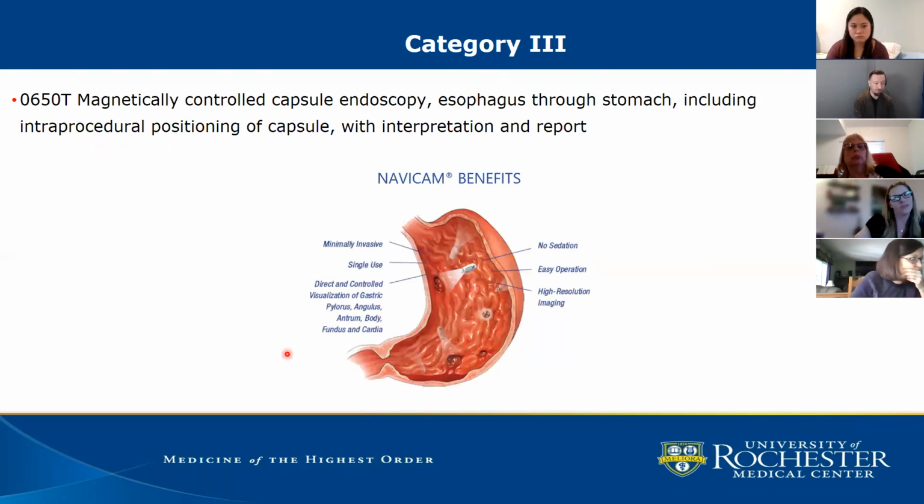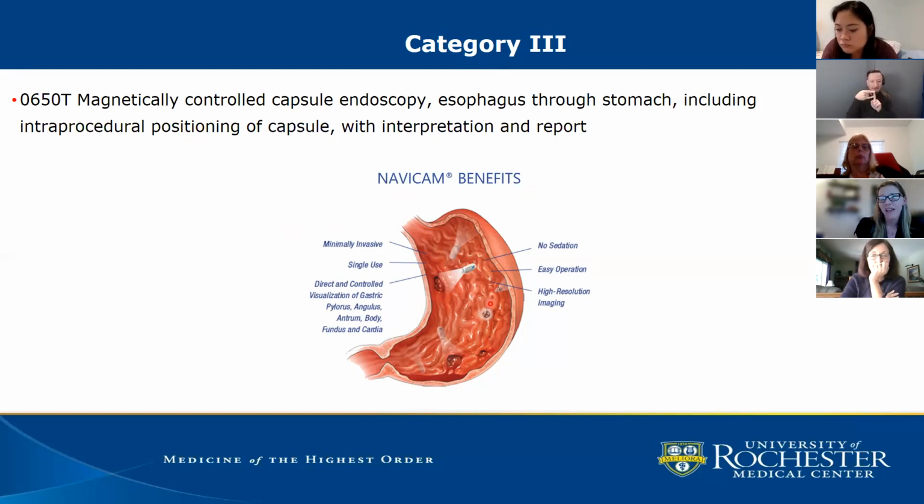So the first new tech code we have here is 0650T. This is a new procedure known as a Navicam. It's very interesting because it's a capsule endoscopy. The patient would actually swallow this capsule, and there's a teeny tiny magnetic camera inside of this pill.